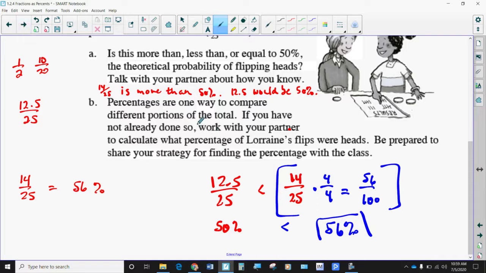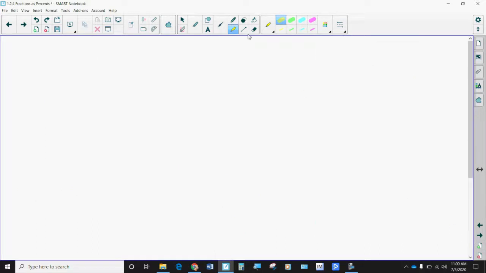Now, let's go back here for a second where it says percentages are one way to compare different portions of a total. You know how we've spent some time comparing fractions, like I did right here, 12.5 over 25 is less than 14 over 25? Well, when you've got two fractions with different denominators, you've got to get a common denominator, right? It's sometimes complicated trying to figure out. Let me just throw in a random example here.